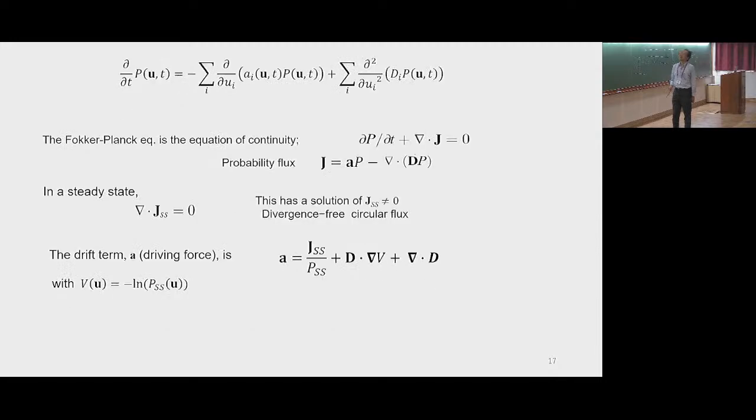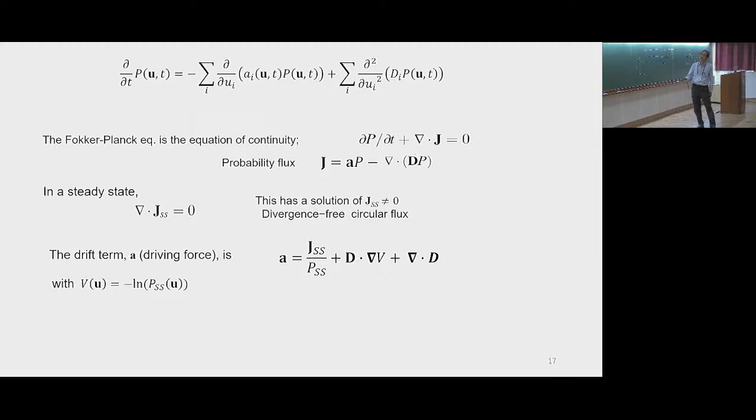And we know that the Fokker-Planck equation is the equation for the conservation of the probability, or the continuity of the probability current. So the Fokker-Planck equation can be written in this form of the equation of continuity. And J here is the probability current.